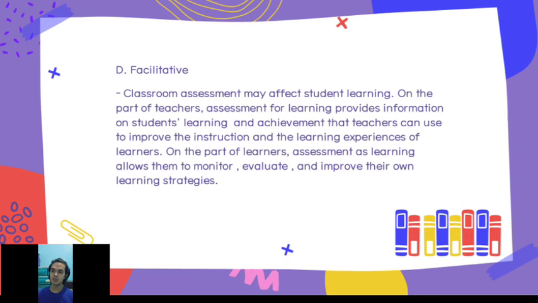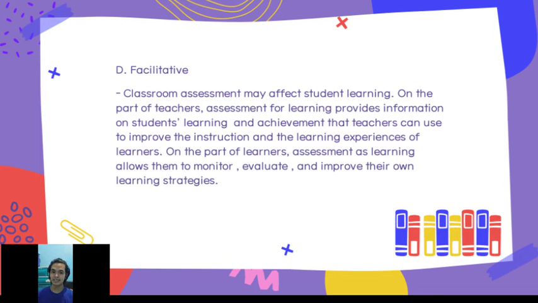Now that we are done with three, the fourth one is facilitative. So it is said that classroom assessment may affect students' learning. So on the part of teachers, assessment for learning provides information on students' learning and achievement that teachers can use to improve the instruction and the learning experiences of learners.